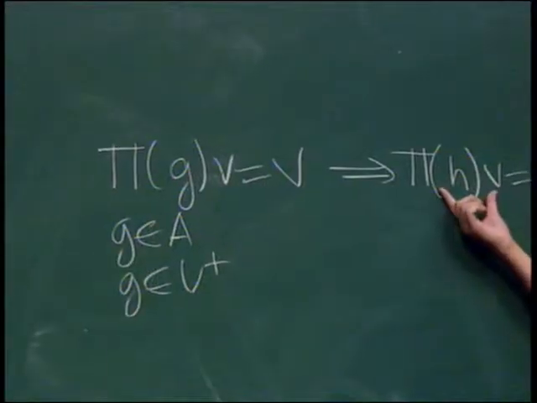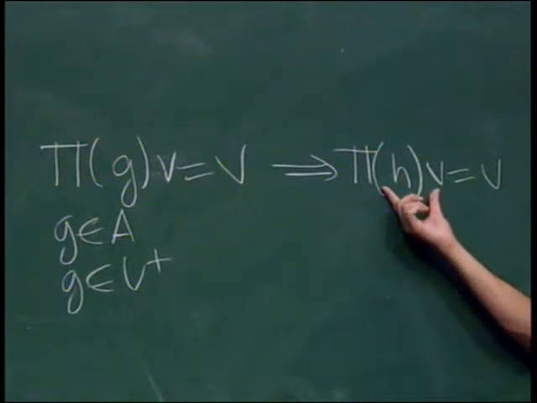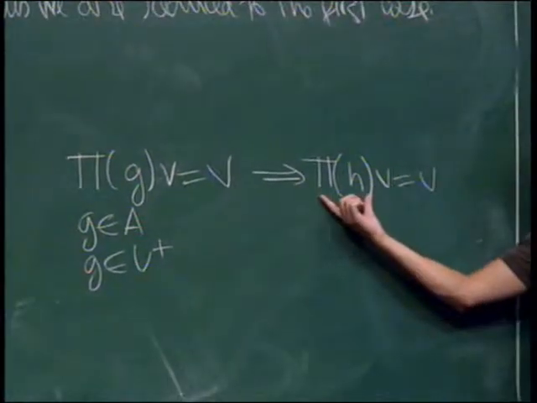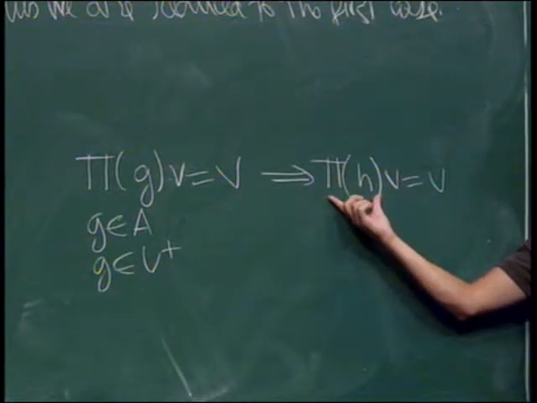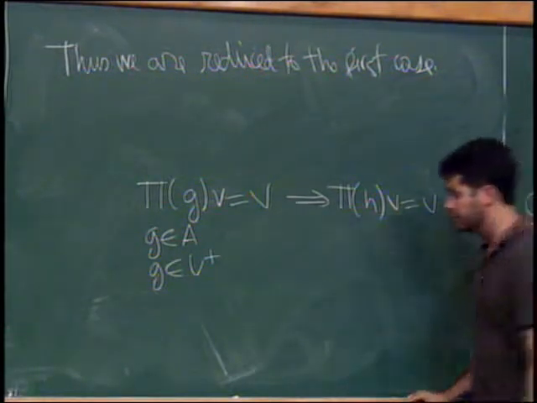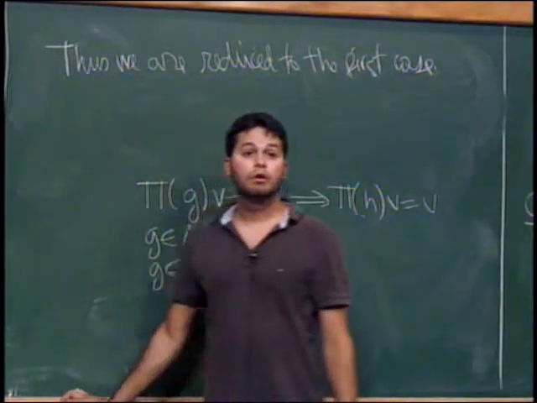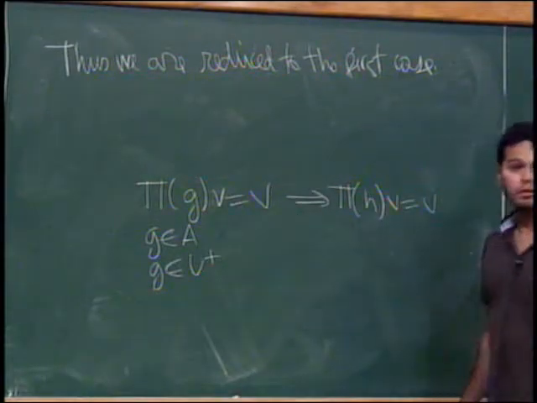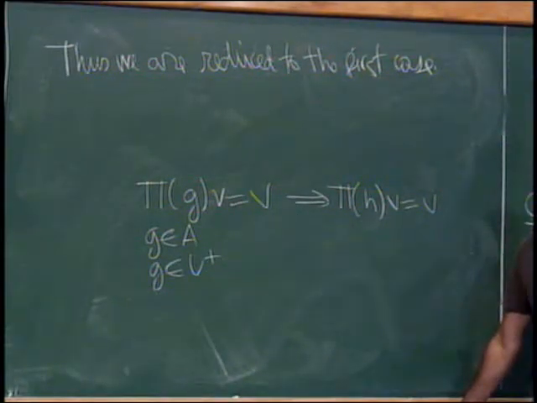So it gives you extra invariance: the invariance of this vector by the action of all the elements of the group. Did I answer? Okay.